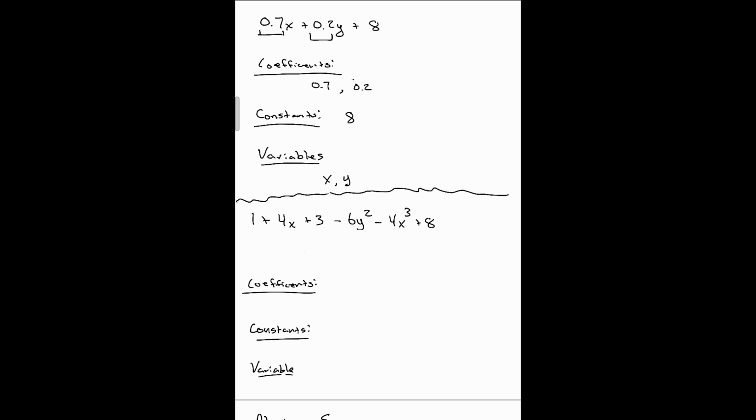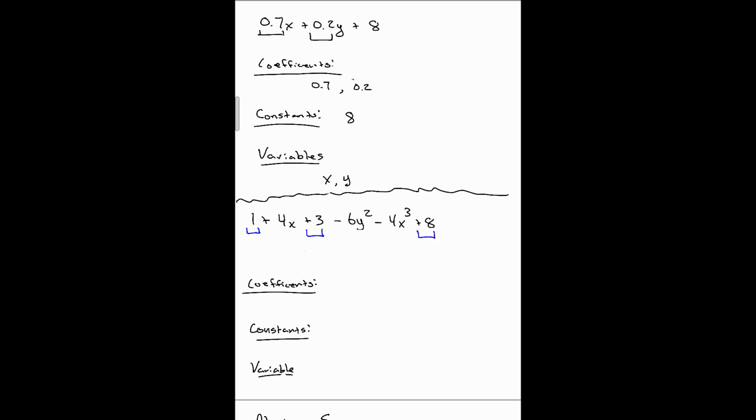But wait a second, I don't want to get too ahead of myself. The reason why I'm saying that is because I can actually combine like terms. I can make this expression a little bit smaller and simpler to deal with. I can add this 1, this 3, and this 8 together.